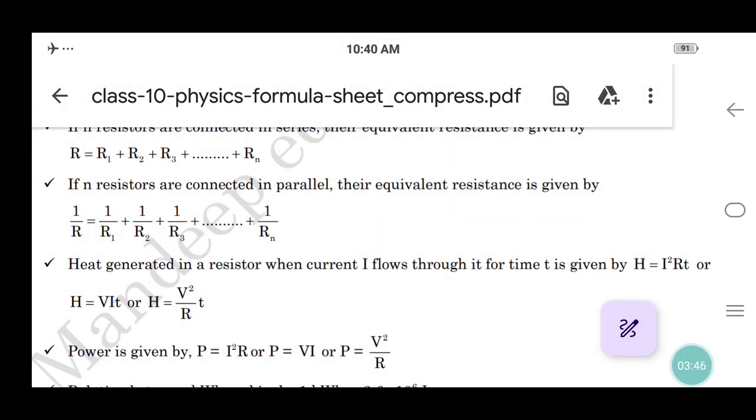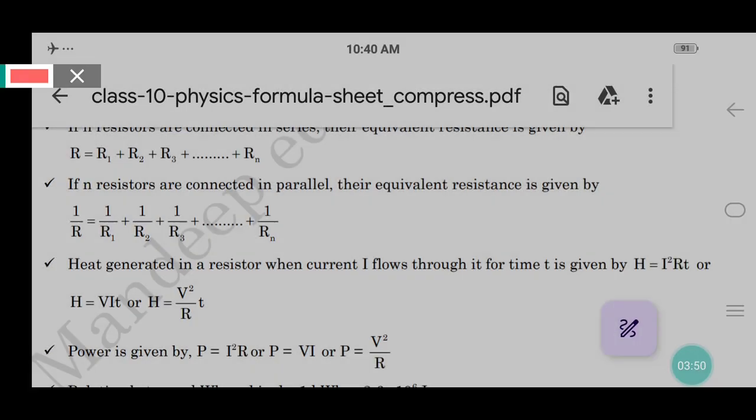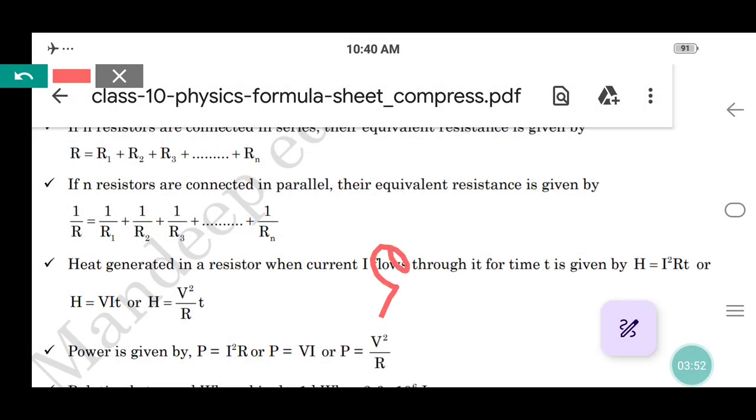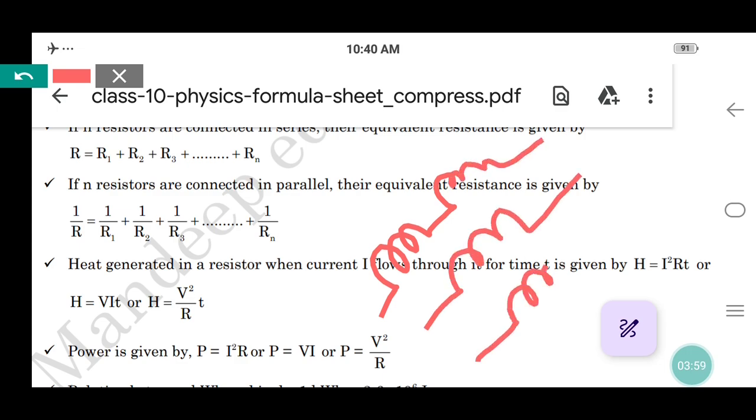And if the resistances are connected in parallel, then 1 by R is equal to 1 by R1 plus 1 by R2 up to 1 by Rn. Here you understand series connection and parallel connection.